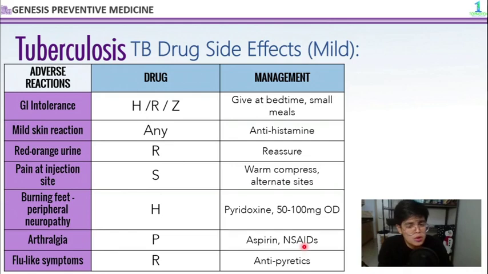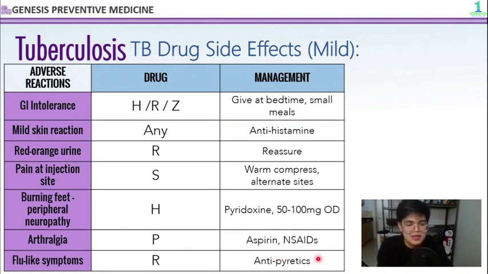That transporter is supposed to excrete uric acid, but the pyrazinamide inhibits this, so uric acid is retained and some gout-like symptoms are experienced. So arthralgia is the most common side effect from pyrazinamide, but the most severe is still liver hepatotoxicity.